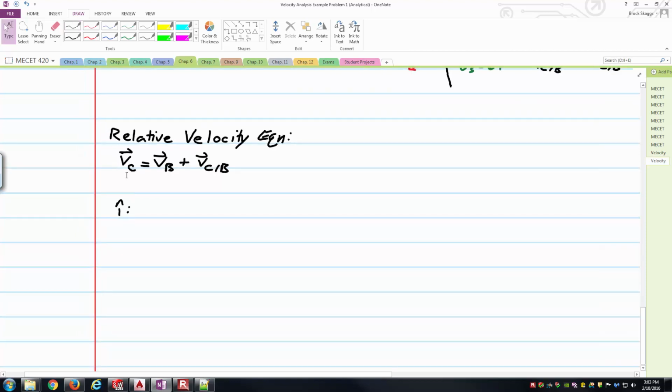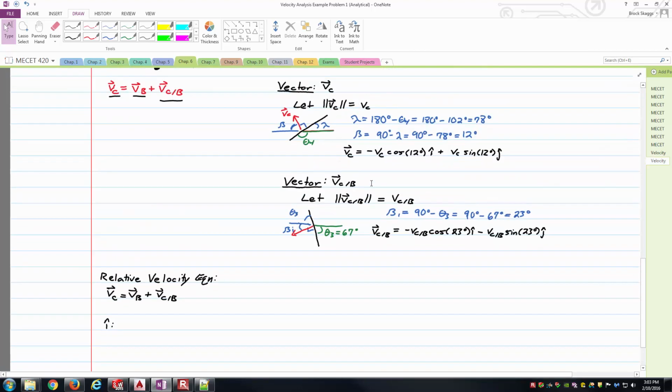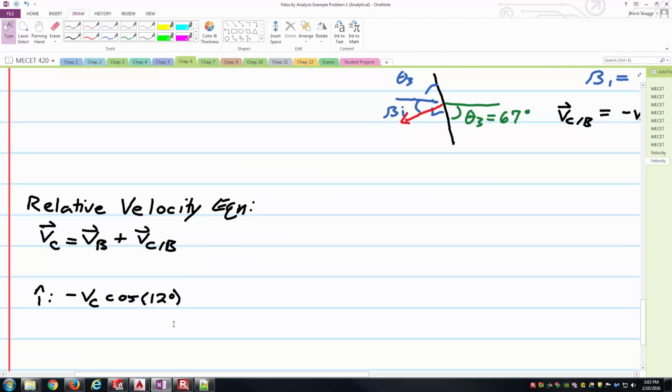And so with that, now I will write the equation just looking at the i components. And so first I've got to find the magnitude of the velocity of c, not, excuse me, not the magnitude, but just the i component of it. And so here I have it as negative v c times the cosine of 12. See if I can just grab these. And so bring that down here. That was the i component for v sub c. Go ahead and put the equals in here.